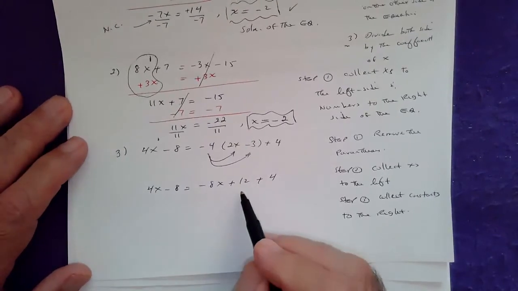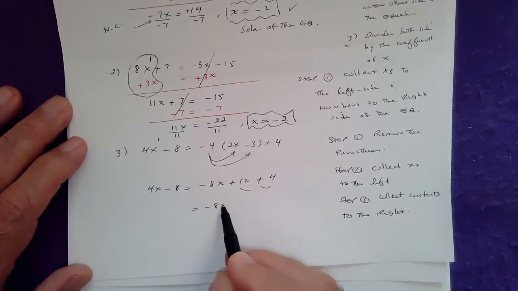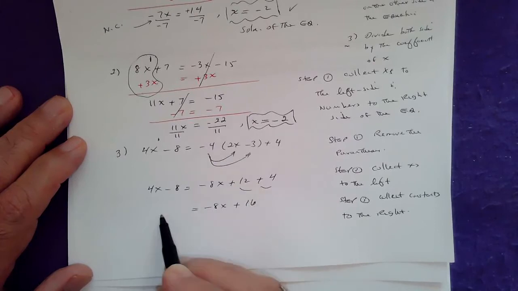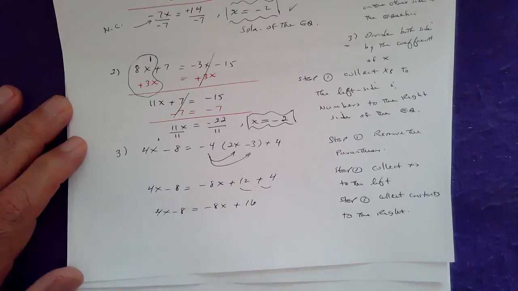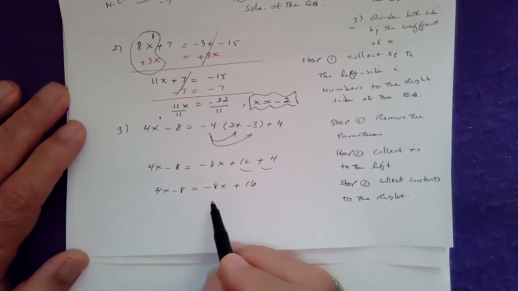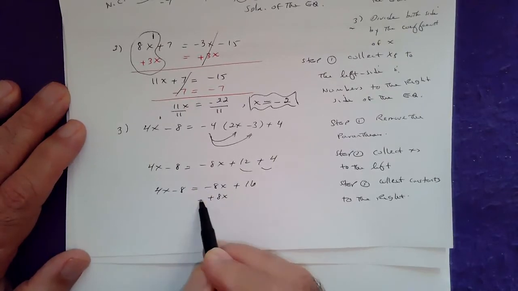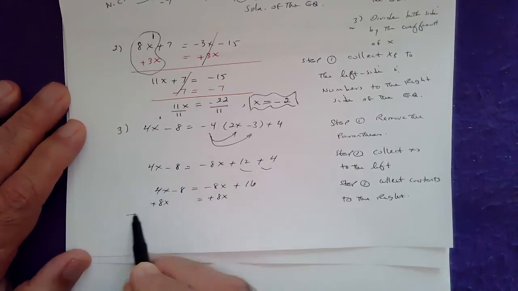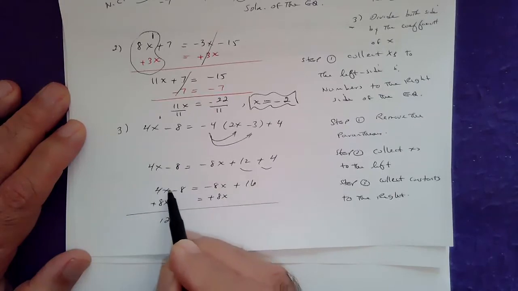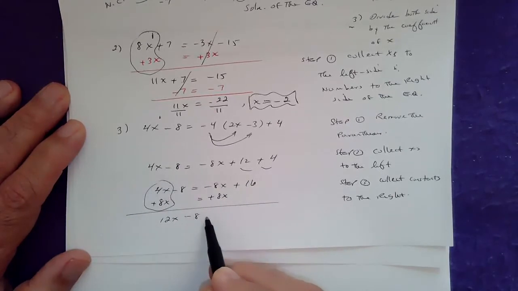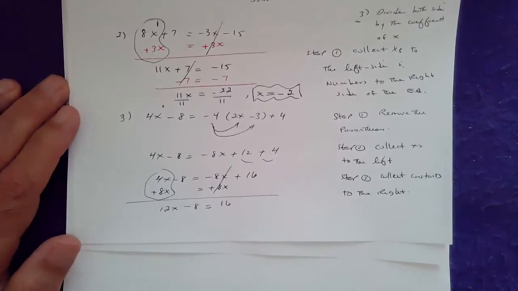Okay, combine these. You get negative 8x plus 16, 4x minus 8. Collect the x's to the left, so add 8x to both sides. So we get 12x minus 8 equals 16.